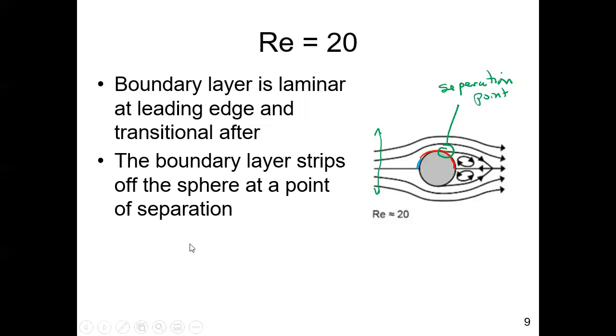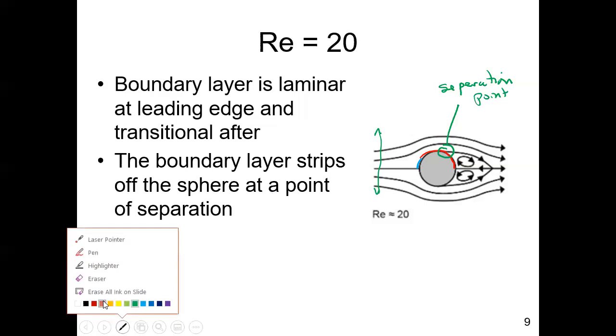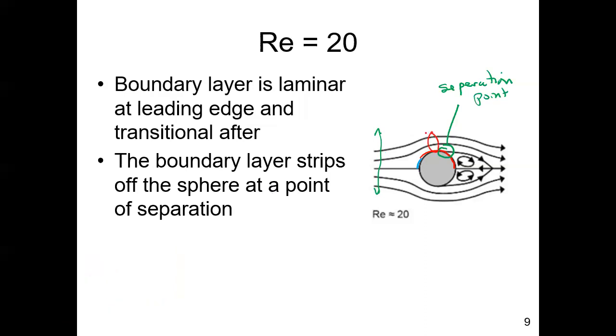Here, right on top of the object, at this location, we have closer spacing. And remember, what closer spacing means is that the velocity went up and the pressure went down. That's why I asked you to focus on the previous one.